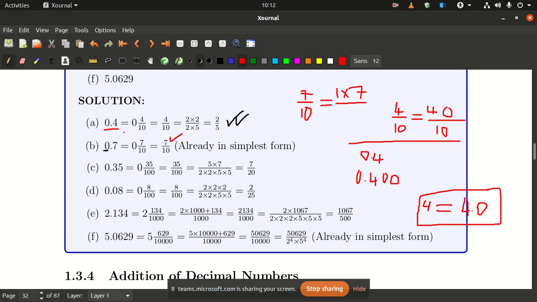Yes. Now, when you are dividing by 10, you are moving this decimal point to the left once, hence you are getting a 0.4.